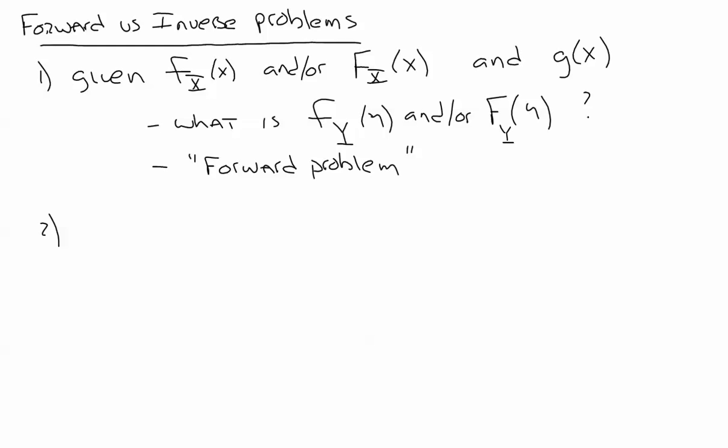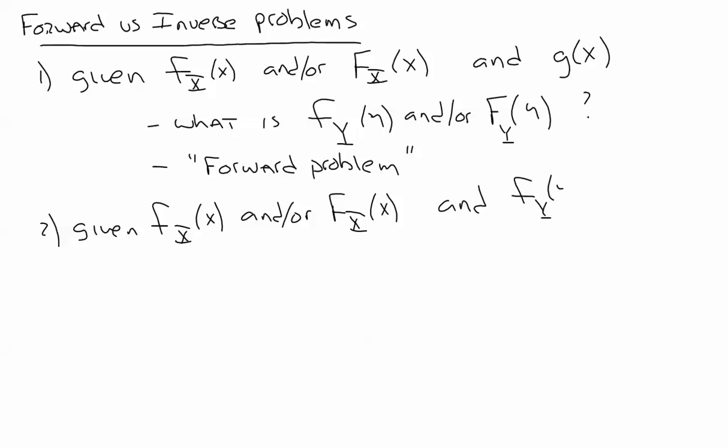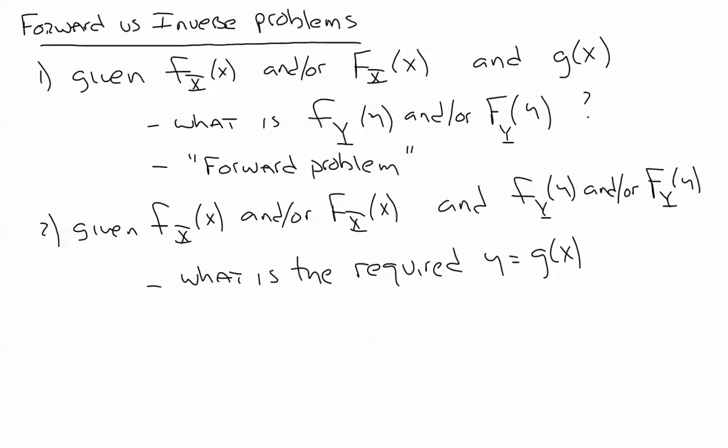A similar problem is this. Given the probability density function for x and or the cumulative distribution function for x, and the probability density function for y and or its cumulative distribution function, given an initial probability density function and or cumulative distribution function in x and a finishing probability density function for y and or its cumulative distribution function, the question is, what is the required transformation function y equals g of x?